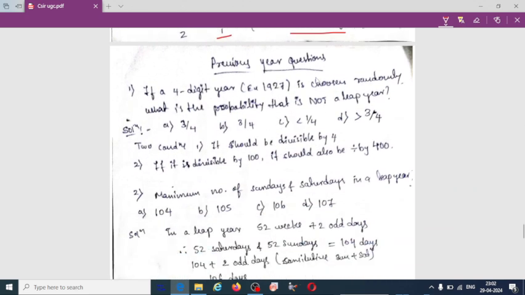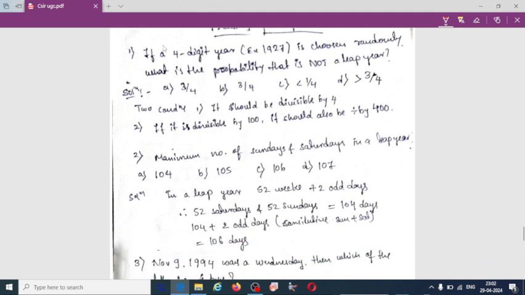So now some previous CSIR NET questions, if we want to solve. The first question: if a 4-digit year, let us take 1927, is chosen randomly, what is the probability that it is not a leap year? Anyhow, a leap year is repeated every 4 years. So if we select any year randomly, most likely it is going to be a non-leap year.